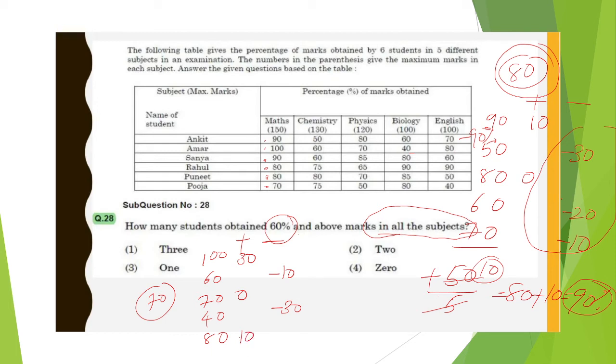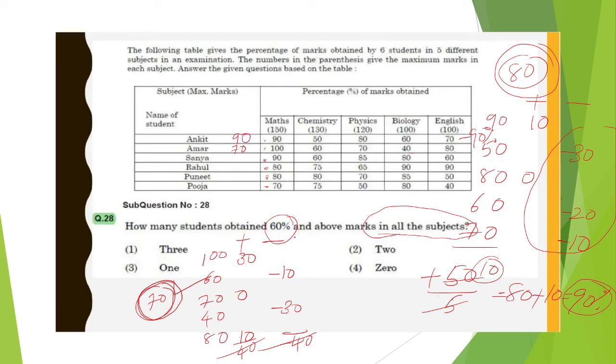That means 30 plus 10, 40 plus 40, minus 40. These both are cancelled. Whatever we considered that is equal, that is exactly the average of Amar. Amar is exactly 70. Ankit is 90.